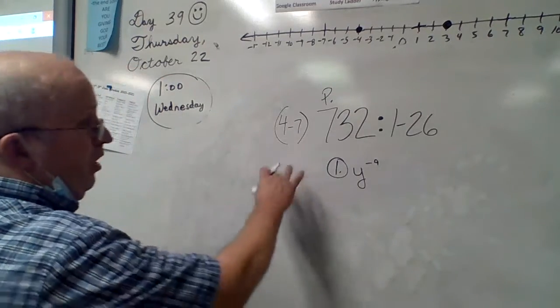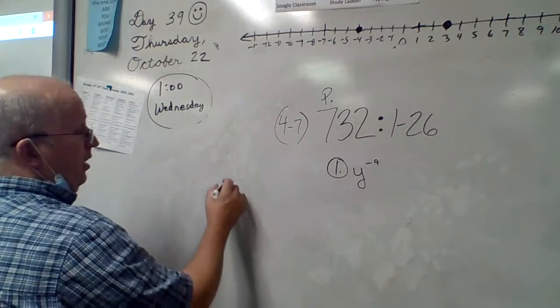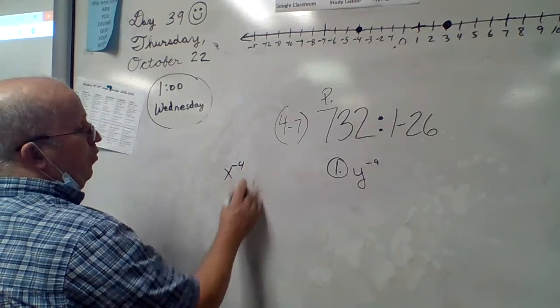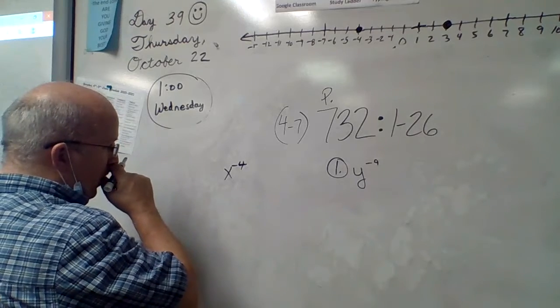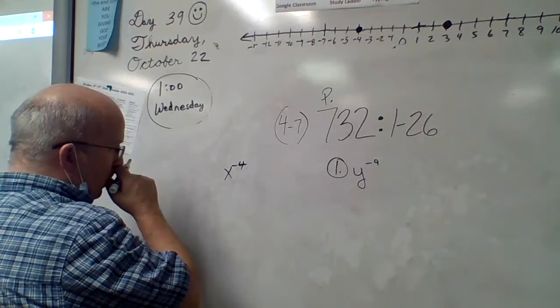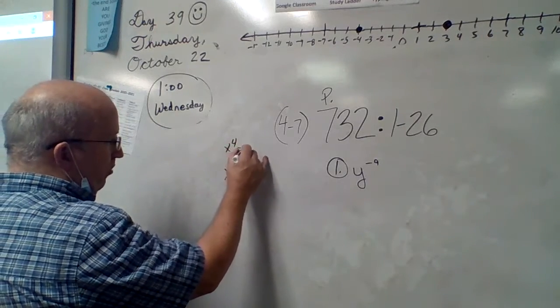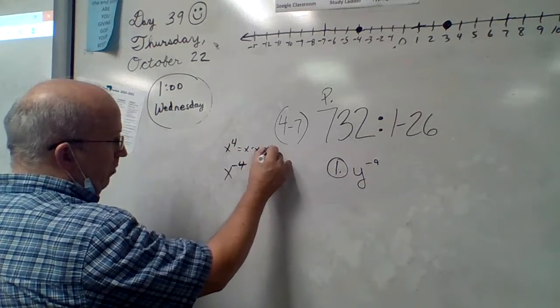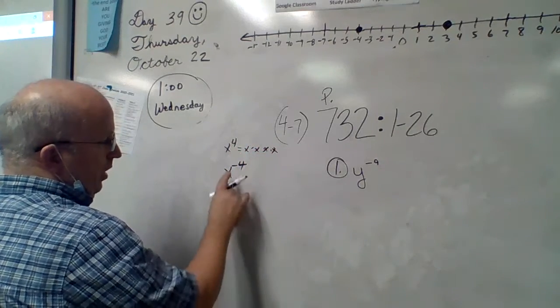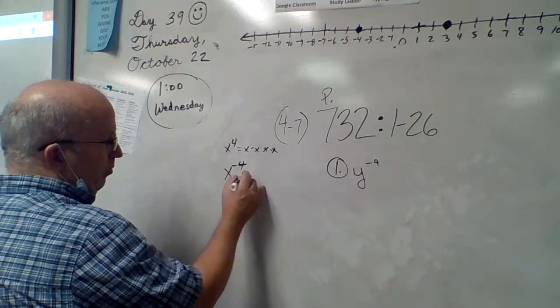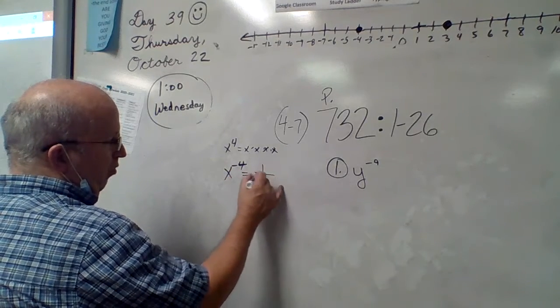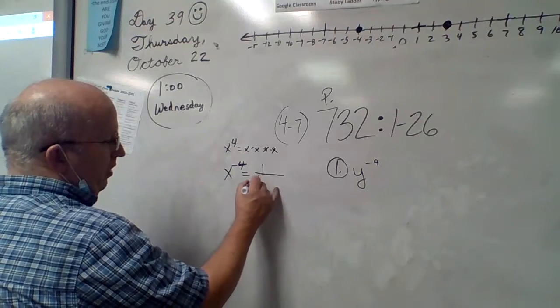Well, over here, I'm going to do something similar to that. If I wrote x to the -4th power, what does that really mean? Well, we know that x to the 4th is just simply x times x times x times x, right? And what I tried to get across to you yesterday and today was that negative exponent just simply means put it over the top or underneath the number 1.